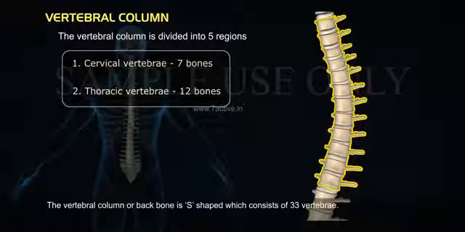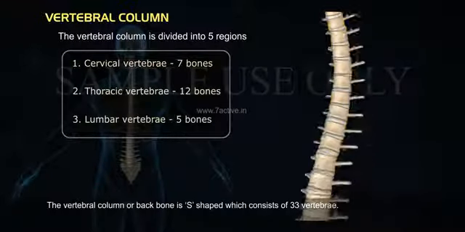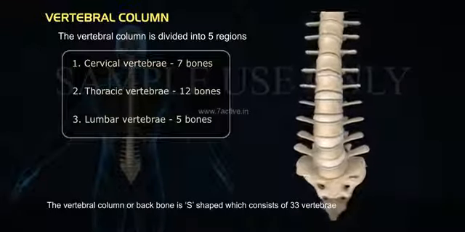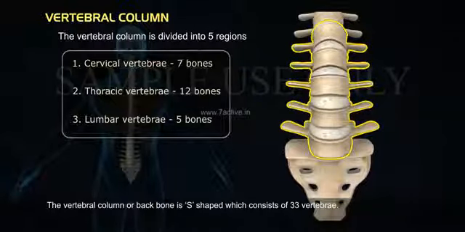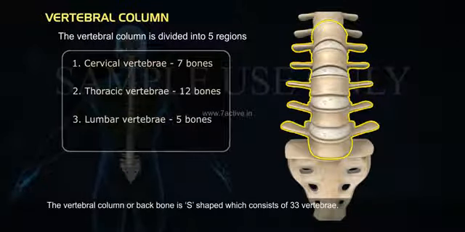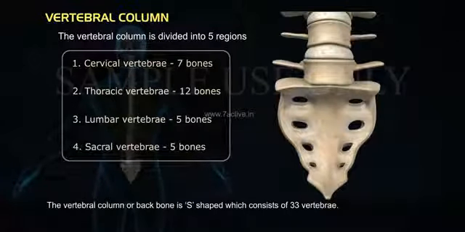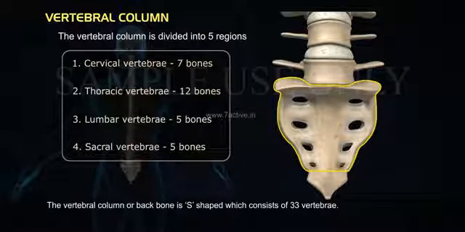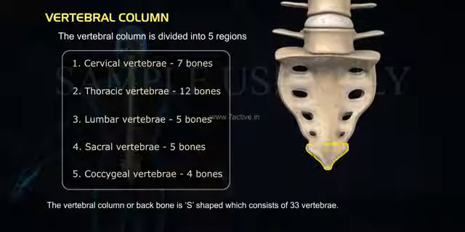Thoracic vertebrae, 12 bones. 3. Lumbar vertebrae, 5 bones. 4. Sacral vertebrae, 5 bones. 5. Coccygeal vertebrae, 4 bones.